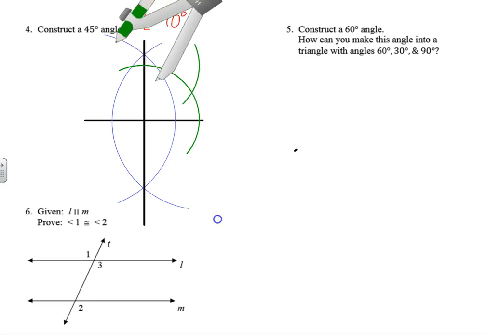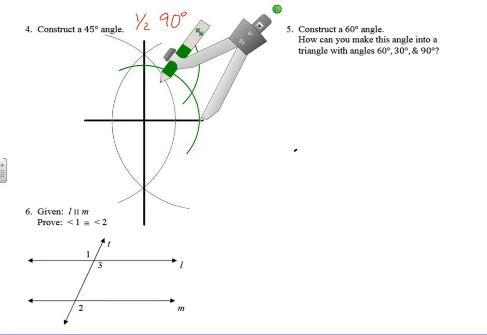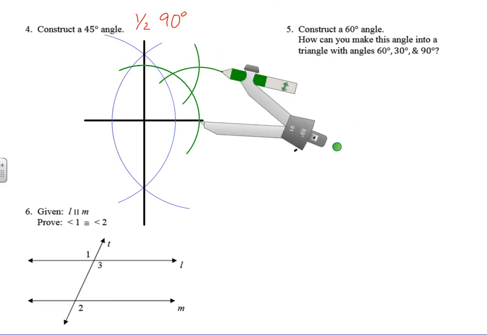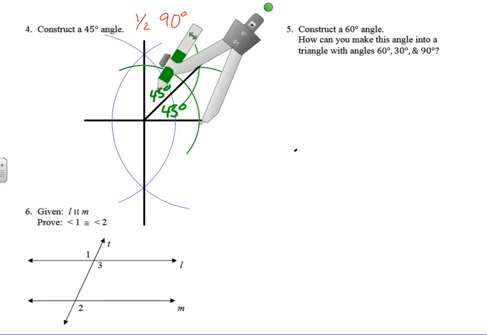Come on down. All right, and now I'm going to connect from the vertex of the 90-degree angle through the angle bisector, and we have just created two 45-degree angles. Okay, so we always want to think kind of creatively as we're doing these.